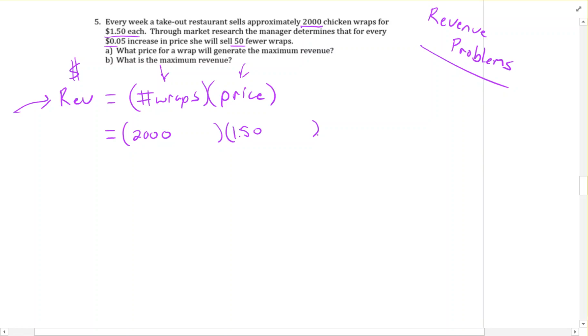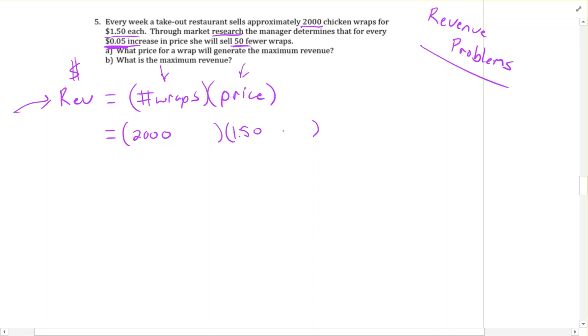Now every one of these is going to say something like, through market research, they found that every time your price goes up, you're going to get 50 fewer of whatever it is you're selling. So in this case, if we look at the price part, it says for every $0.05 increase, and increase means adding.